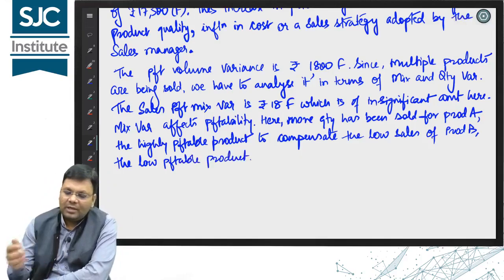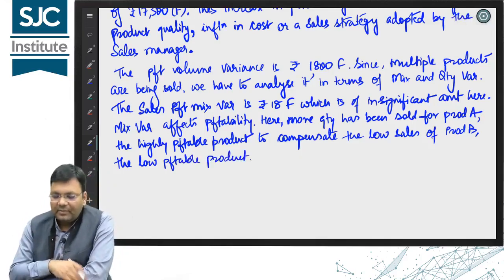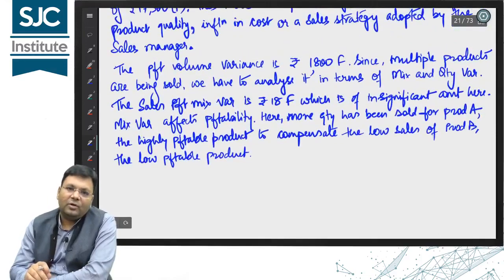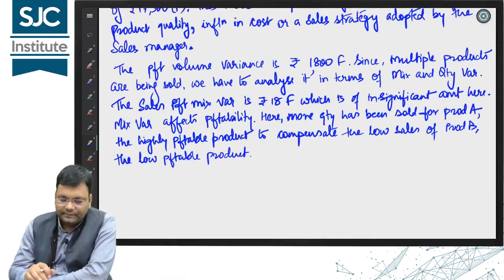But anyhow, the total amount is insignificant. Somehow compensation has been done. So as long as compensation has been done, we are not worried. But mix variance indicates that profit might have got affected.